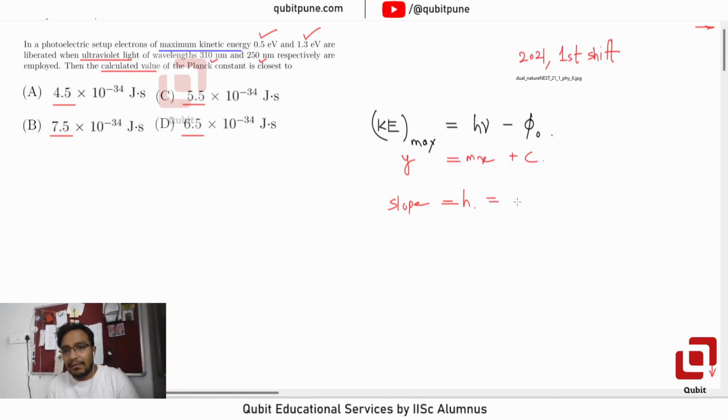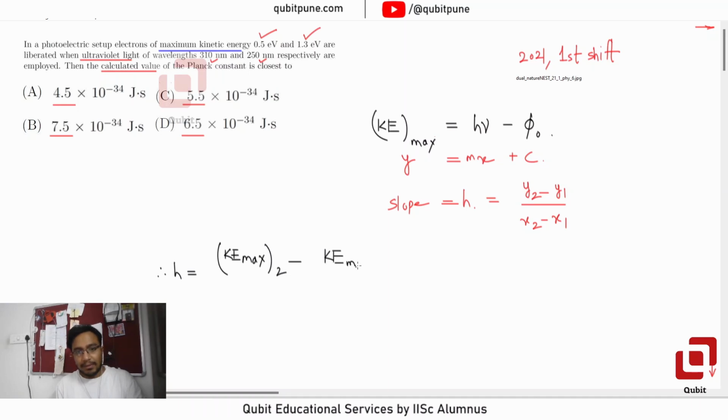And we also have a ready-made formula for that, which is y2 minus y1 upon x2 minus x1. Correct? Simple formula that we study in straight lines. What is y2 minus y1 in this case? In this case, y2 minus y1 will be K max 2 minus K max 1.